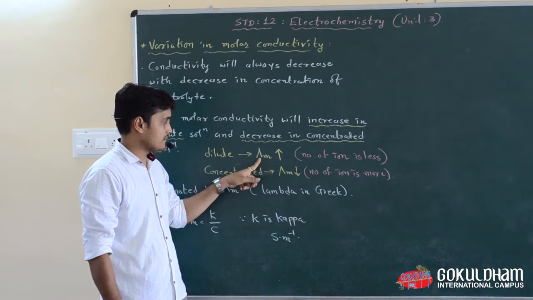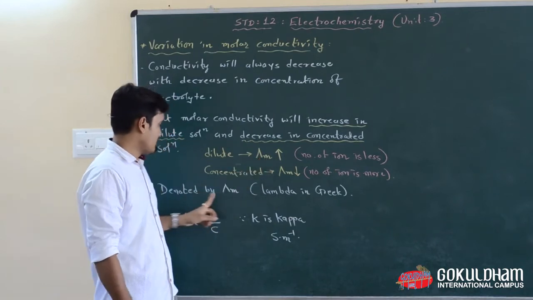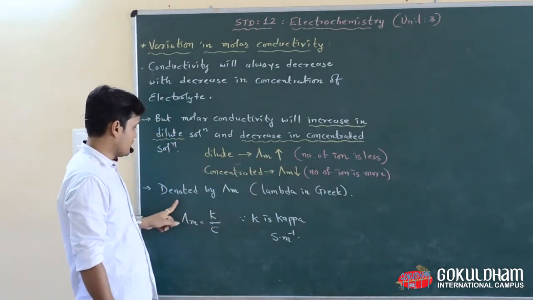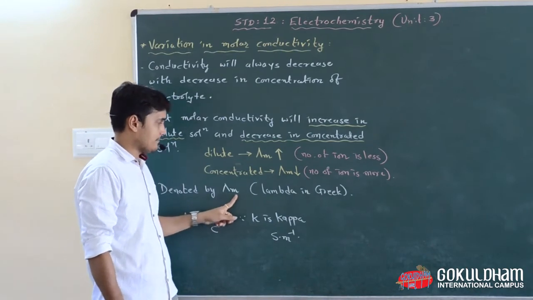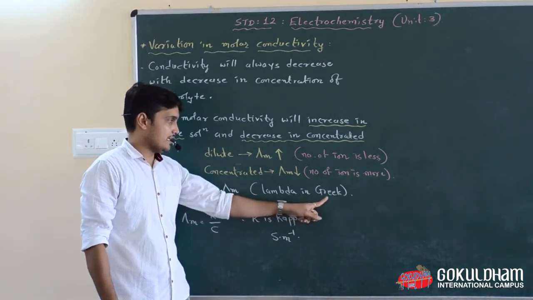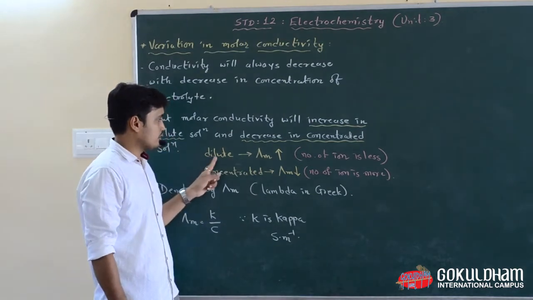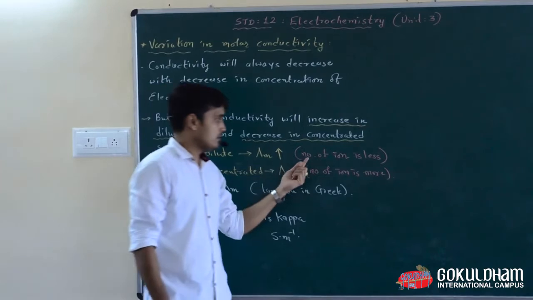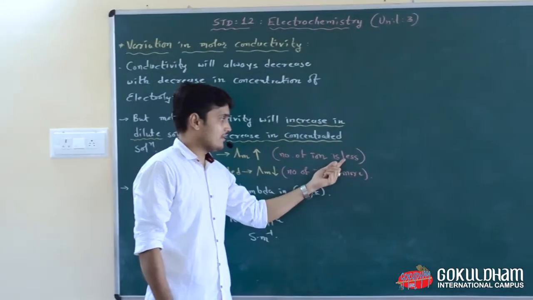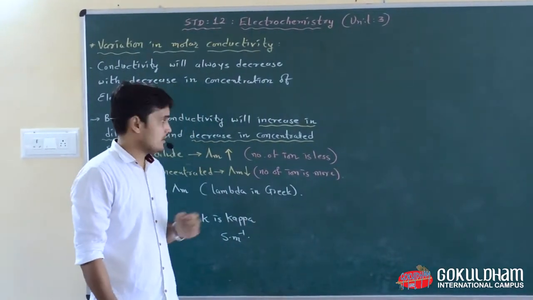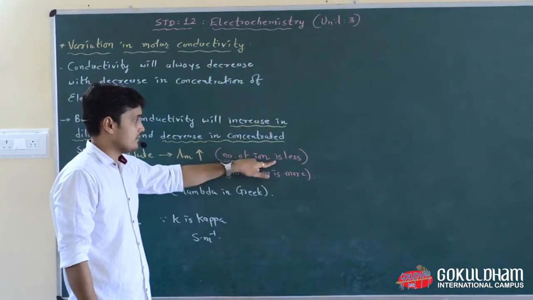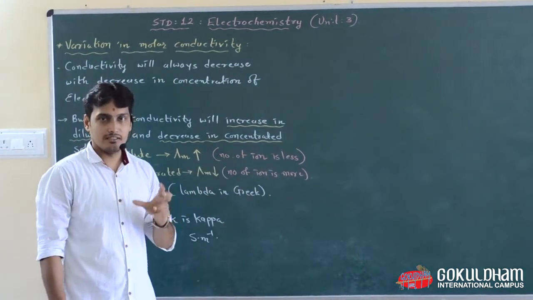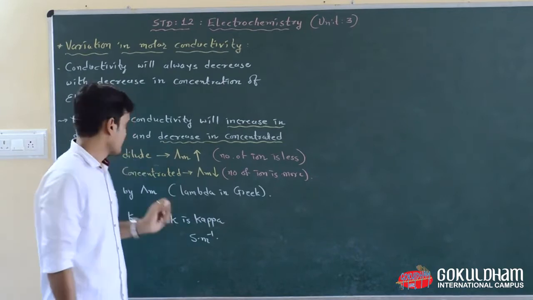We can read it as lambda m. Lambda is a Greek letter. So in dilute solution, lambda m is increased because the number of ions is less in the solution. That means the density of ions is very less in the electrolytic solution.